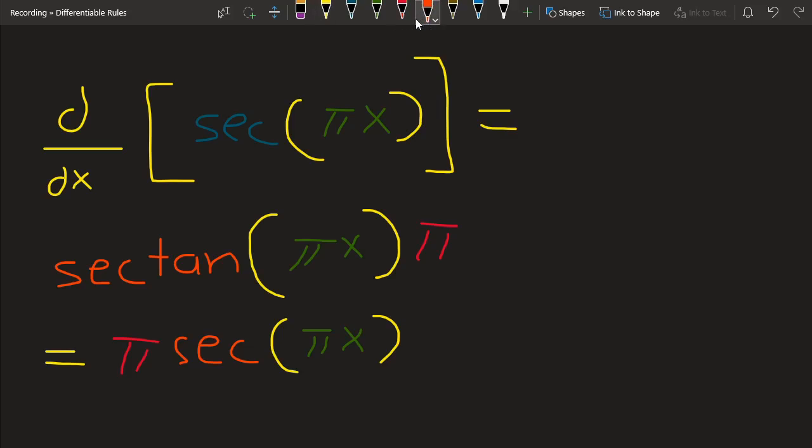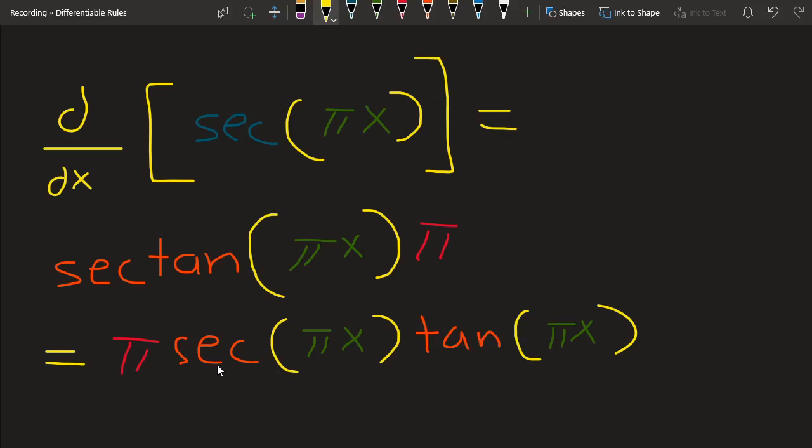And it would also be tangent pi x. So if you're asked to find the derivative of secant pi x, the answer would be pi secant of pi x times tangent of pi x. So it would be pi times secant of pi x times tangent of pi x.